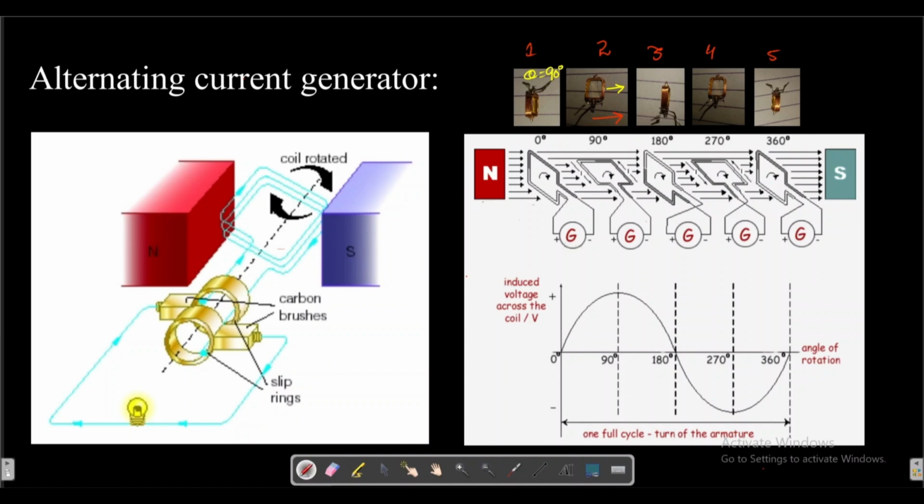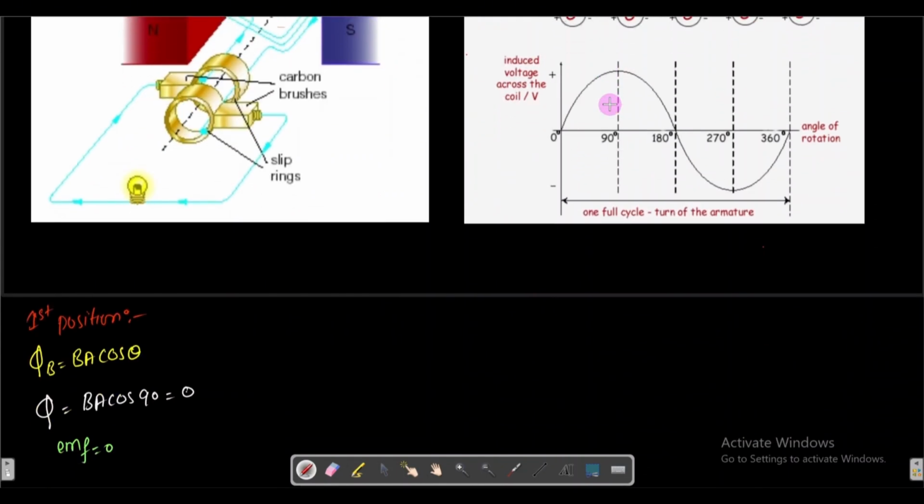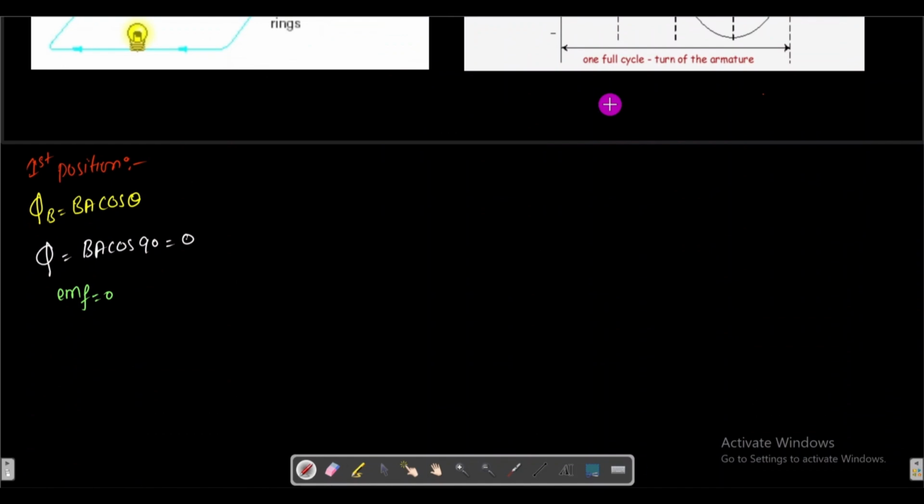So here the angle theta is equal to 0. The magnetic flux at this second position is given by phi equals B A cos theta. In this case, theta is equal to 0.